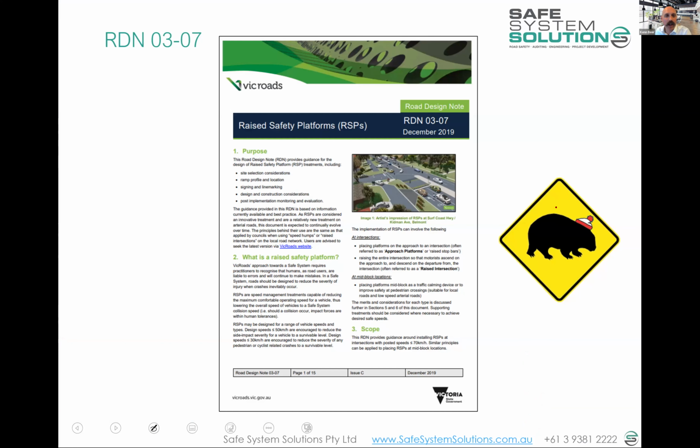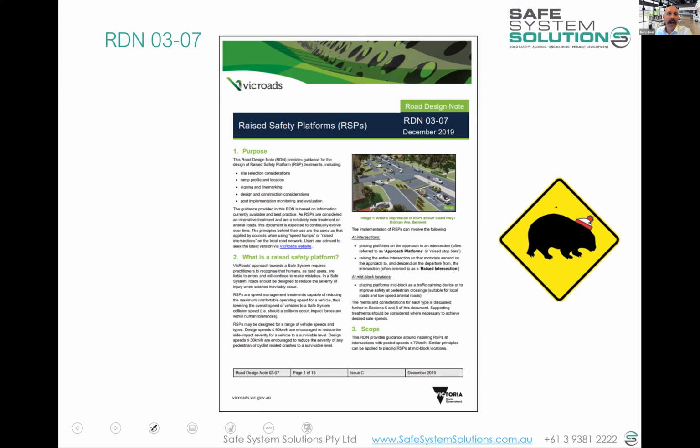And that's that road design note that was mentioned, and it is in there. And there's the Austroads document as well, which we can point people to, but you can just search Raised Safety Platforms, Austroads. You'll find a wonderful document there with lots of examples. And it is really, I think, one of the great examples of how our industry can change. We can progress things.